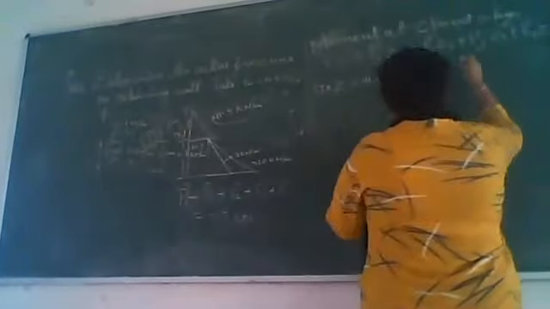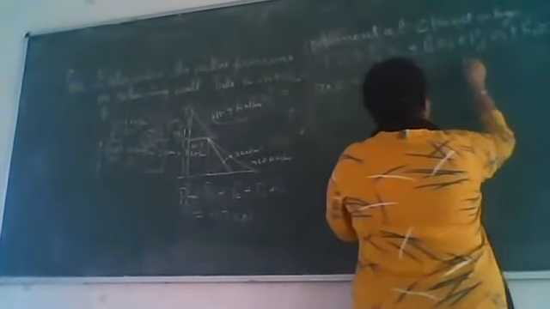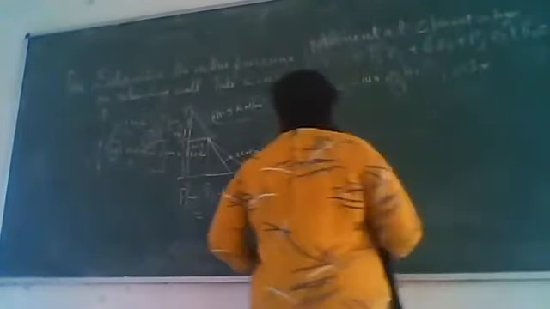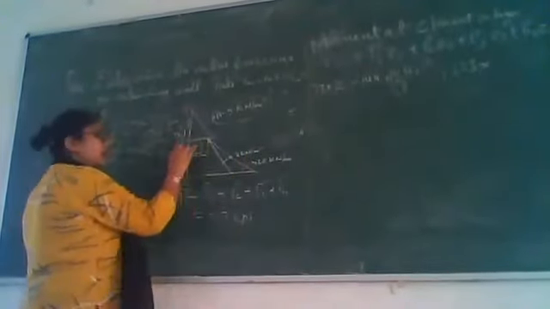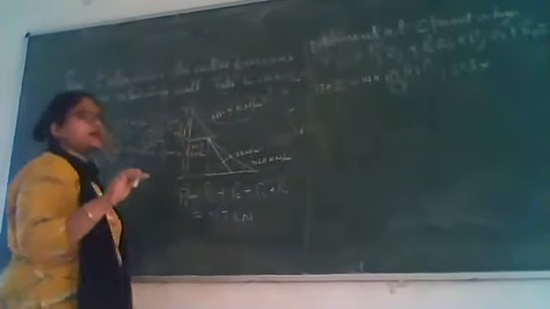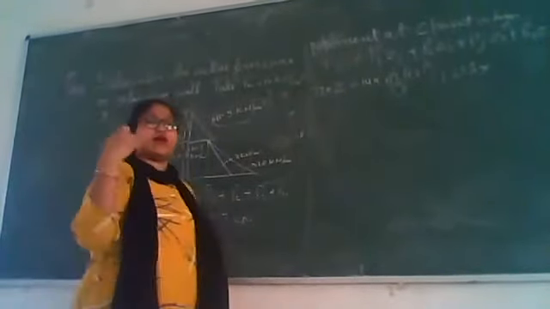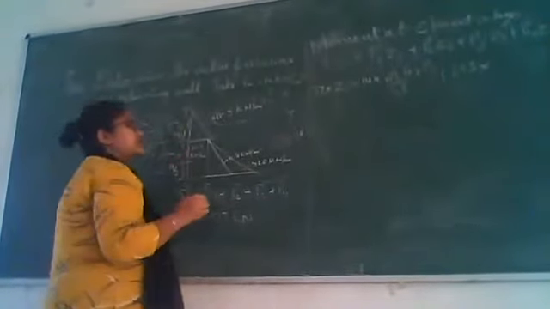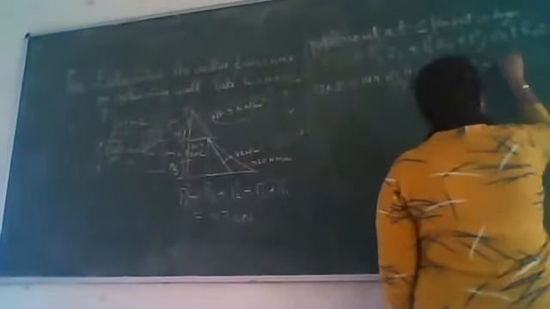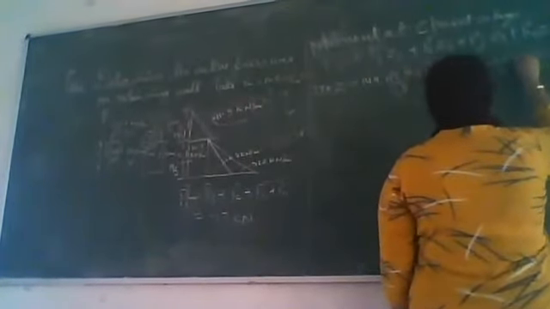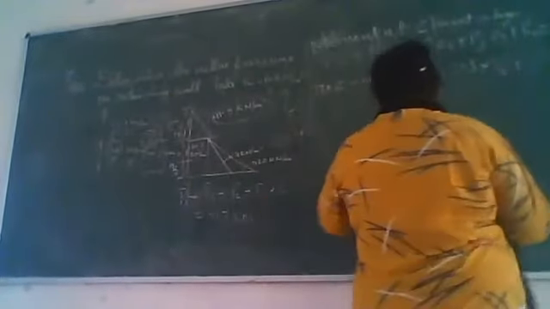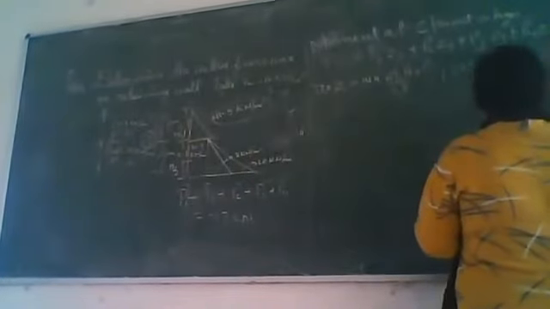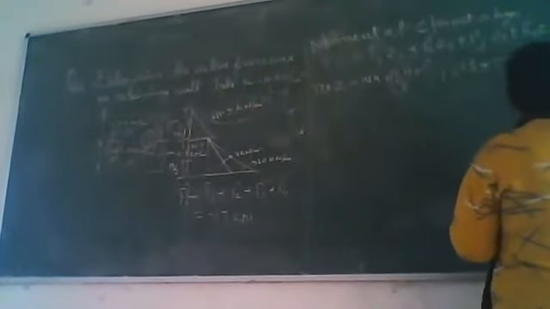Next, P2 is 25.3 multiplied by Z2. What is Z2? It is a rectangle. In a rectangle, my force, my pressure acts at h by 2 distance. So here 2.5 divided by 2. Plus P3. P3 value is 6 multiplied by Z3. Z3 is 2.5 divided by 3.